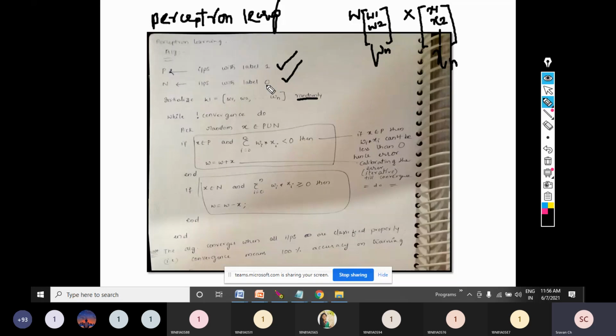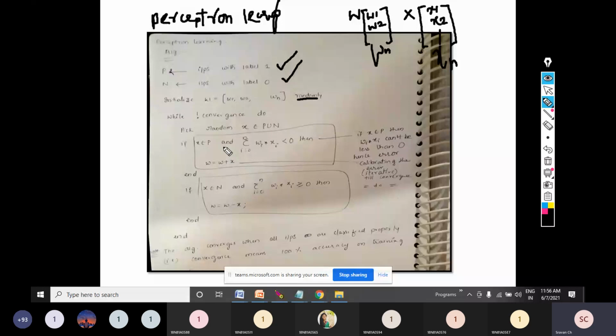In that data set there were 14 records, out of which 9 were positive examples and 5 were negative examples. Out of these 14 examples, we pick one. So pick randomly X which belongs to P union N, that is, pick randomly any one record out of the total 14.